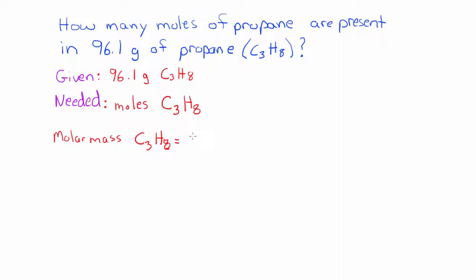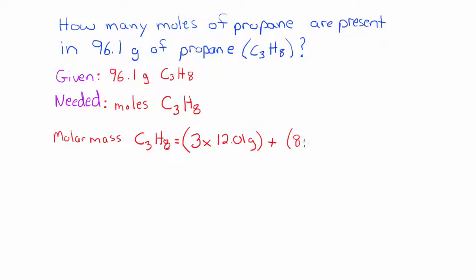So we know that we have 3 carbons, and then if you look at the periodic table, 1 mole of carbon weighs 12.01 grams. That's the number below the symbol on your periodic table. So no matter what, if we've got the formula for a compound, we can figure out how much it weighs or what its mass is. All right, so then we'll do the same thing for hydrogen.